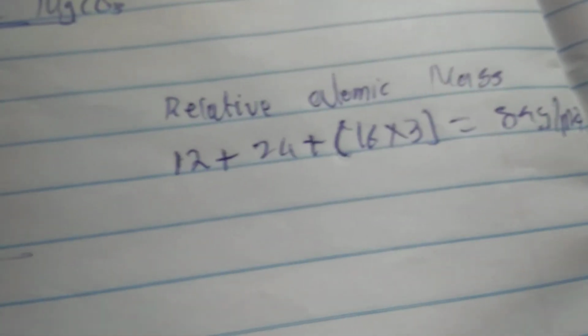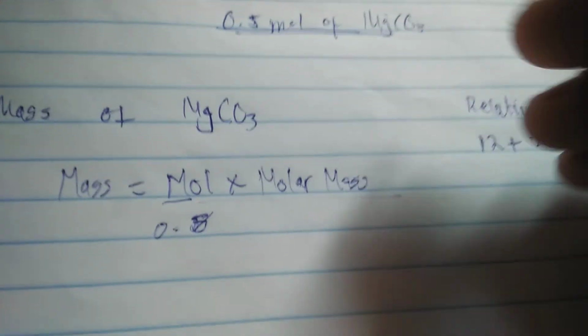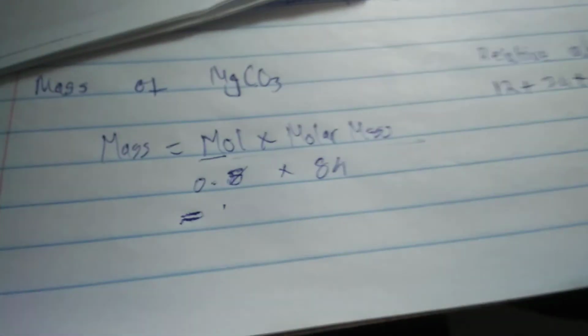Now we can substitute it in our equation, where the mole is 0.5 times our molar mass, which is 84, which will give us the mass of magnesium carbonate as 42 grams.